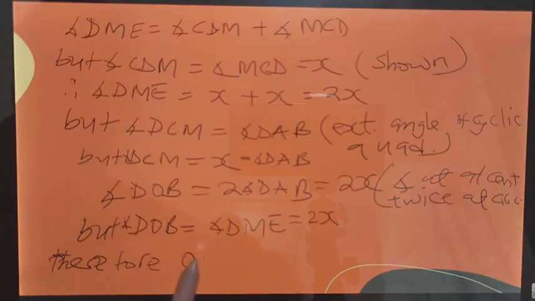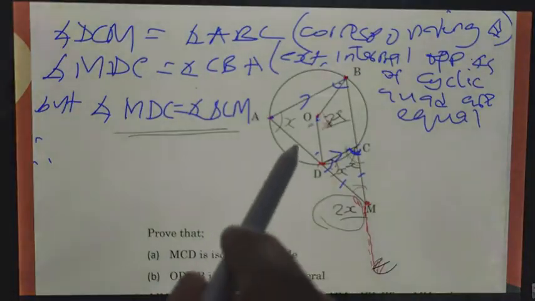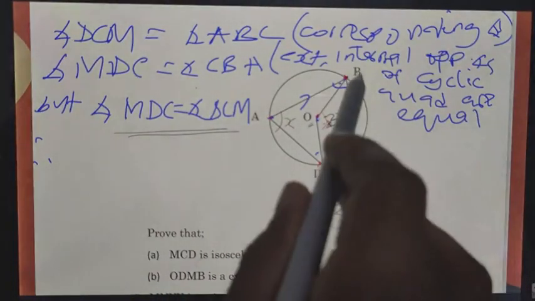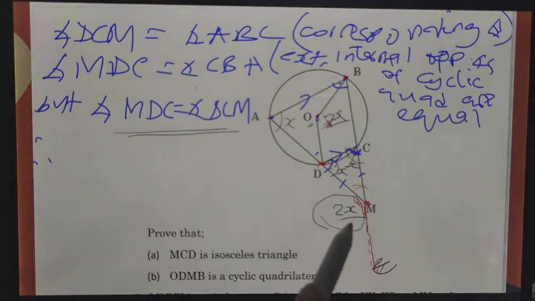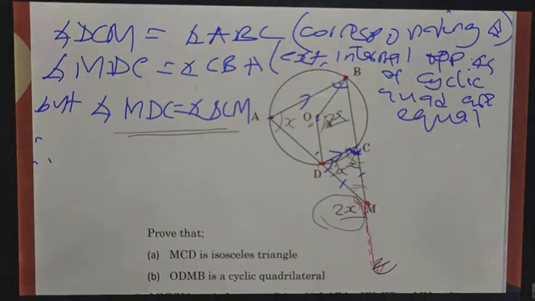ODMB is a cyclic quadrilateral. Yes, it is indeed a cyclic quadrilateral, because we have shown that this exterior angle is equal to the internal opposite angle. Reaching that far, I think we have covered a lot.